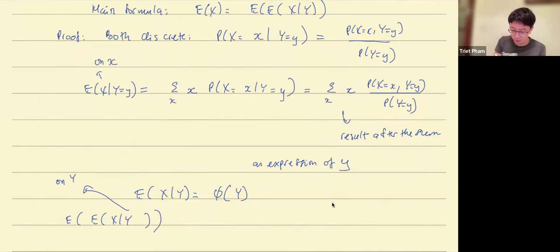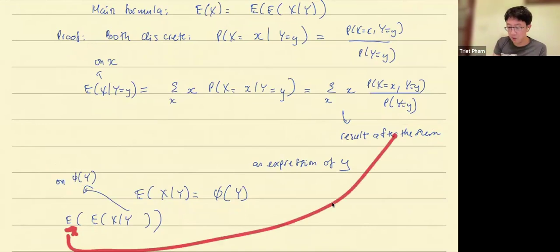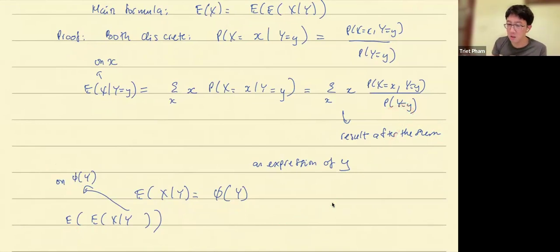So okay, let me say this again. It's not really on the y. It's on this guy right here, on that function of y. But basically the focus is on the y; the x has disappeared. If somehow when you perform the outer layer there's some x remaining, whatever that means, you just know that you're wrong. It just cannot be there.